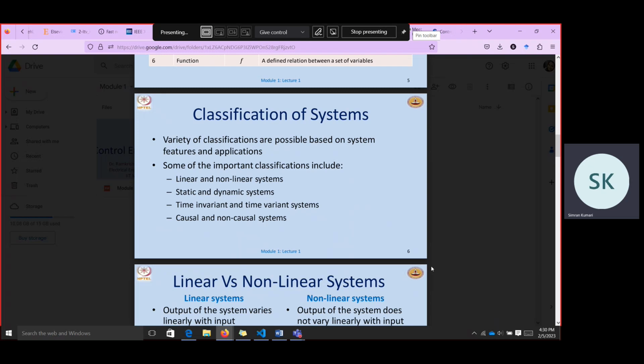Suppose there is an actuator which has a limit of rotation. Suppose there is a valve in a chemical plant, so there may be a constraint that it should not open more than 30 degrees and all. So all those things have to be considered while controlling the response of the plant.